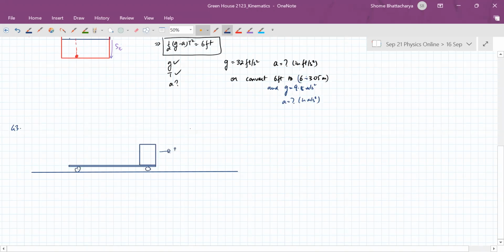So this is now going at a velocity which is given to us as 14.7 meters per second. So acceleration is 0. It's going at uniform velocity.